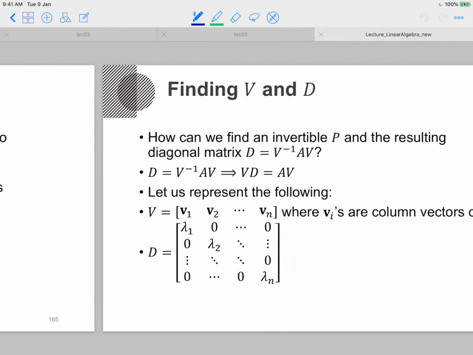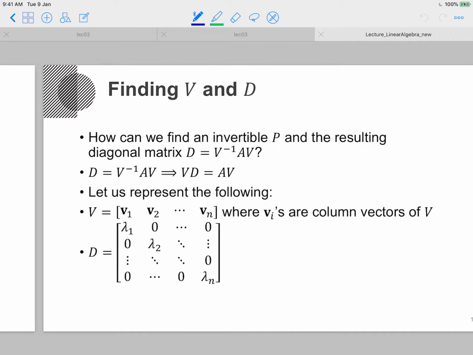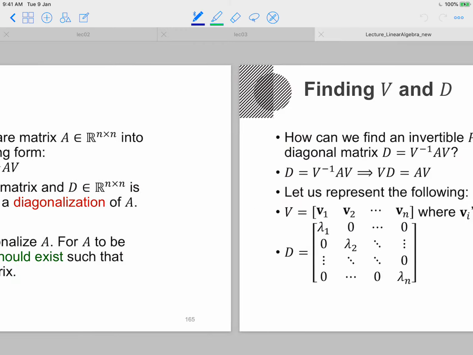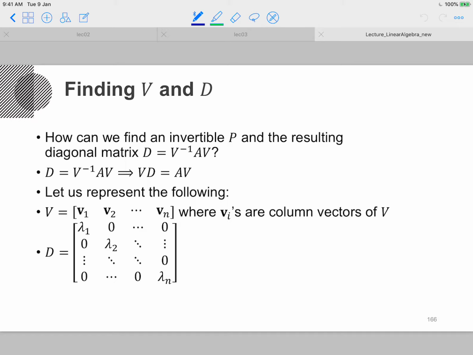Okay, then this diagonalization is a kind of important thing. There are several different directions to understand this equation, but this time let me describe it the other way around compared to the flow described in this slide.